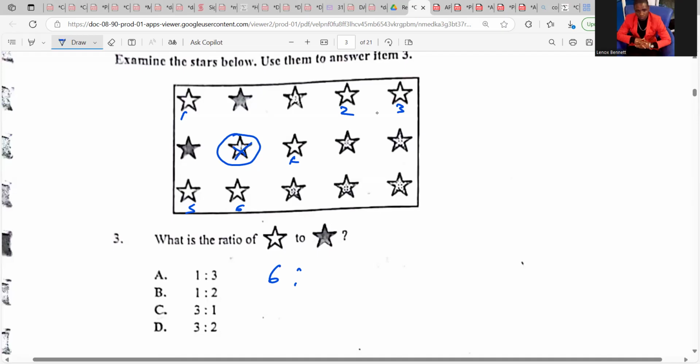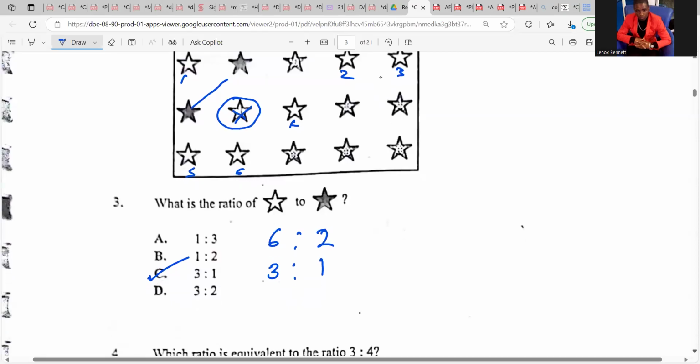Then I counted the black ones, which is 2. So it's 6 to 2, and the order matters. As Israel said, you had to turn it around, because the order matters. So divided by 2, it would be 3 to 1, so that would be C. But the order matters. Don't put 1 to 3 if it's 3 to 1. They are not the same.